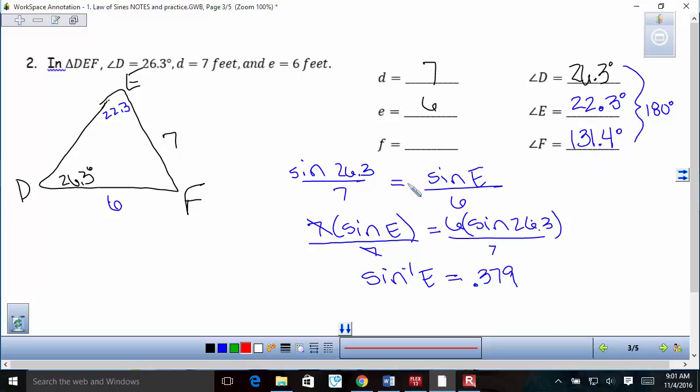Yay, I know. I'm going to come over here and do it. I'm going to start at the beginning, with what I had to begin with. Sine 26.3 over 7. I actually have angle F. It was 131.4. Sine 131.4 over little f. Cross multiply that.